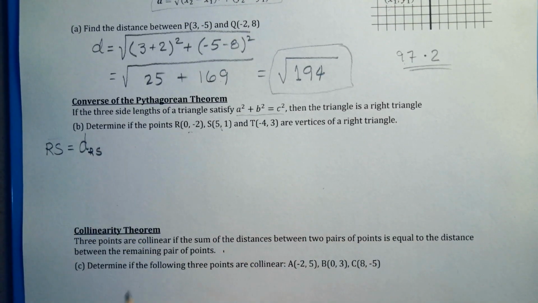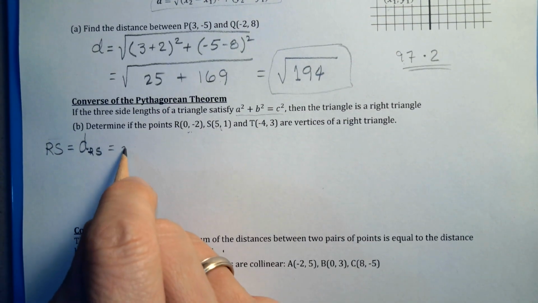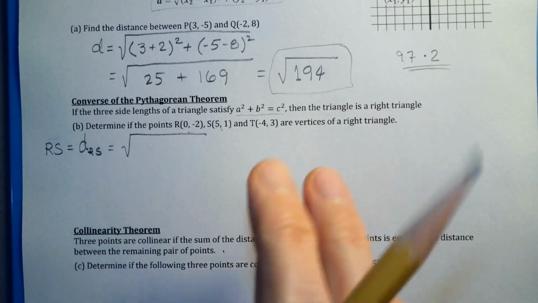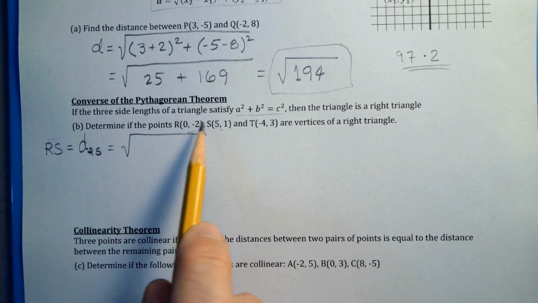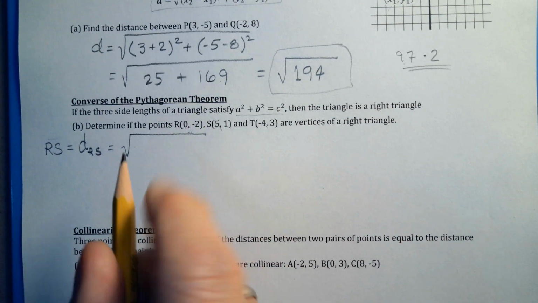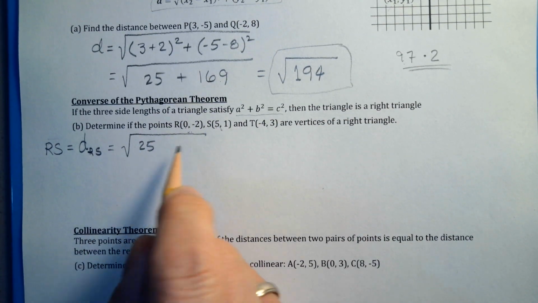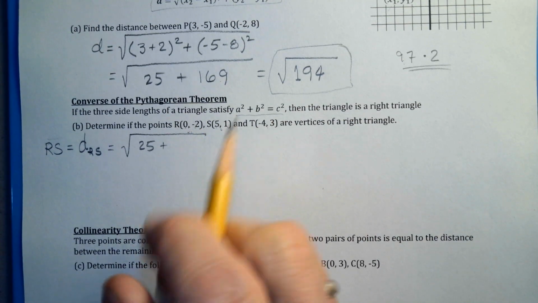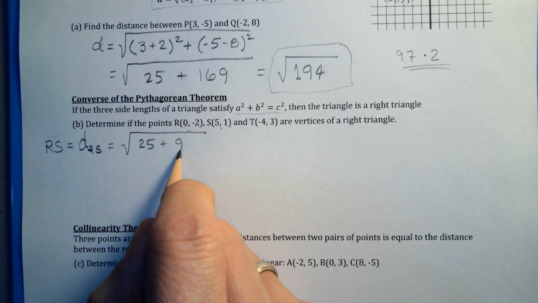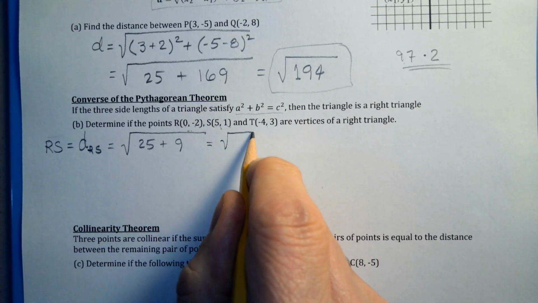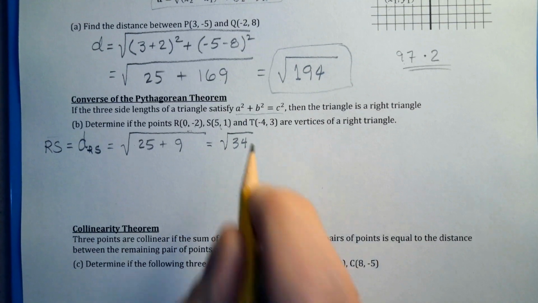So either way you want to do it. And then we do square root of the difference between the x's, that's 5, squared, that's 25, plus the difference in the y's, that's going to be 3, so square that, and that's 9. And so that is the square root of 34.